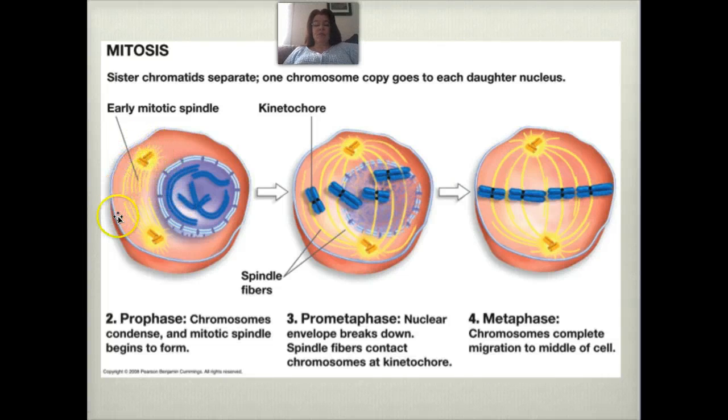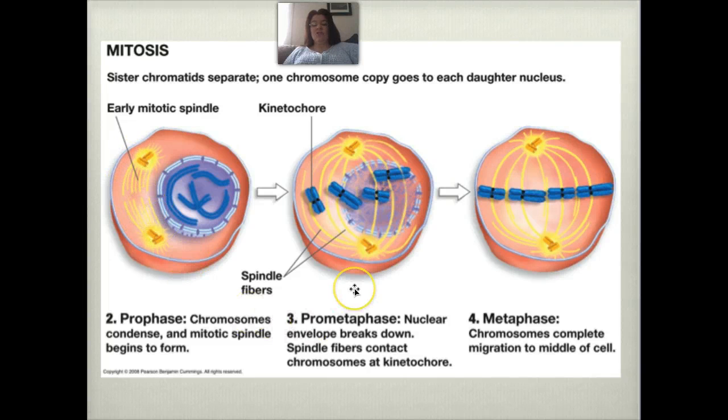Over here, we have the beginnings of the mitotic spindle. We have a pair of centrioles inside a centrosome. We have another pair of centrioles inside a centrosome. And we have these early mitotic spindle fibers.